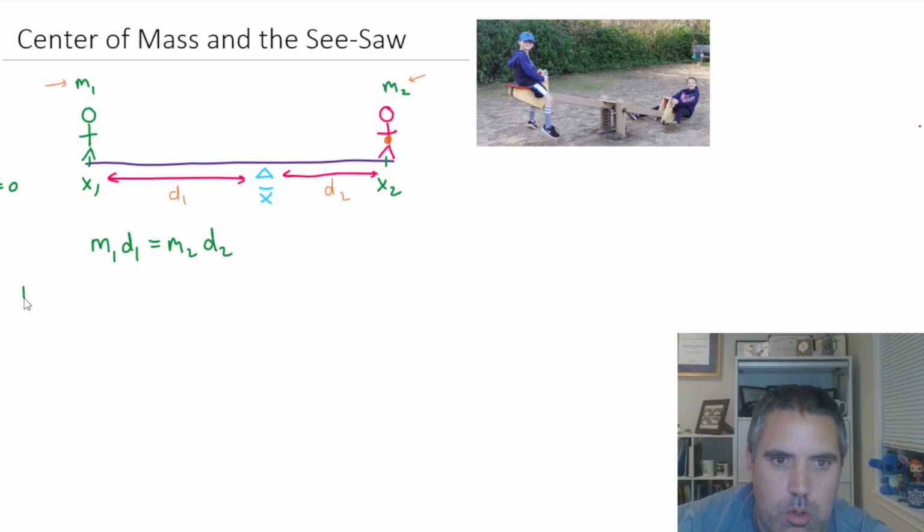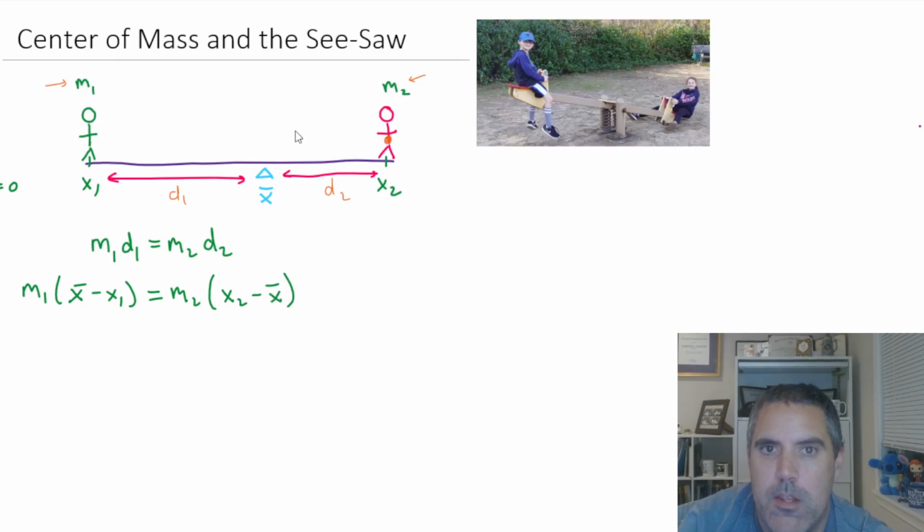So then we say, what is d1? It's x bar minus x1. That's that distance, and it's going to be equal to d2, which is x2 minus x bar. I usually stop when I'm doing this in class and say, here's an algebra challenge: get x bar by itself.